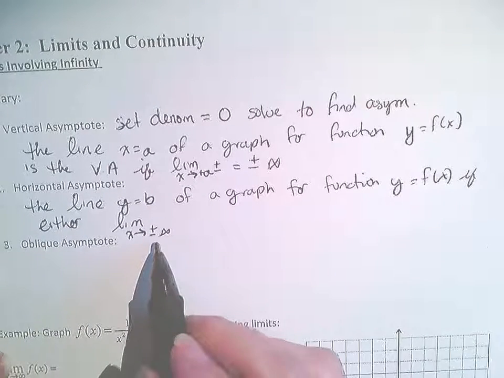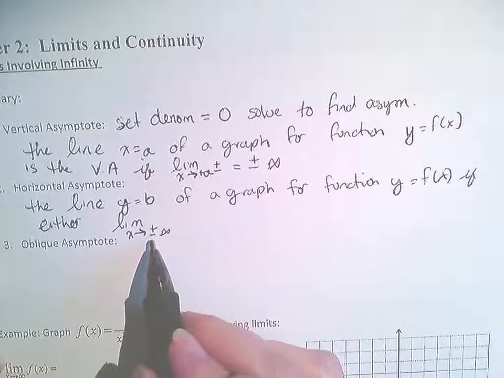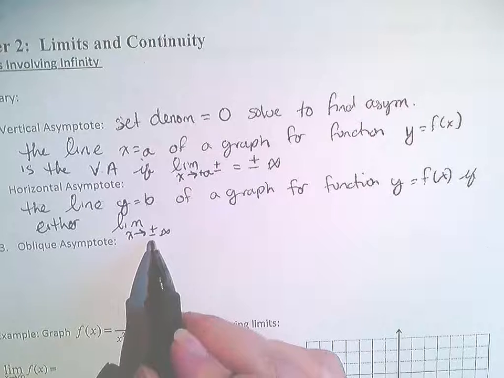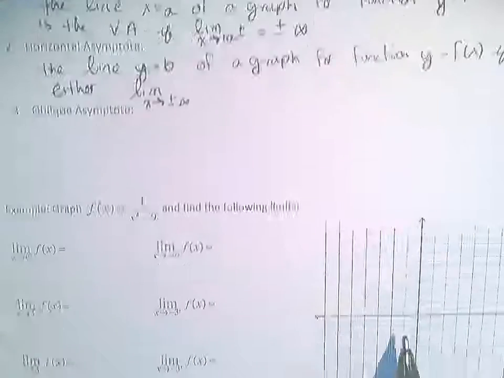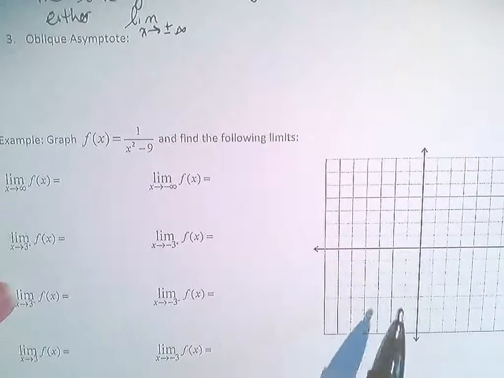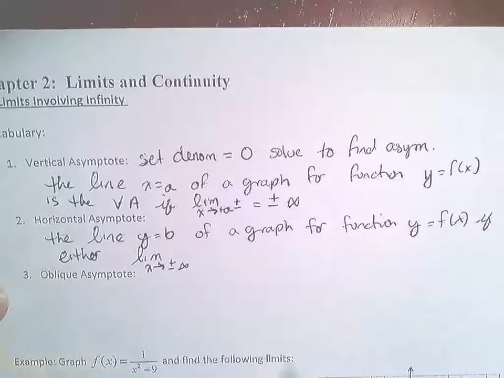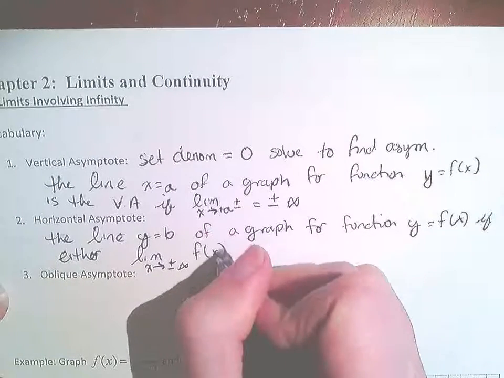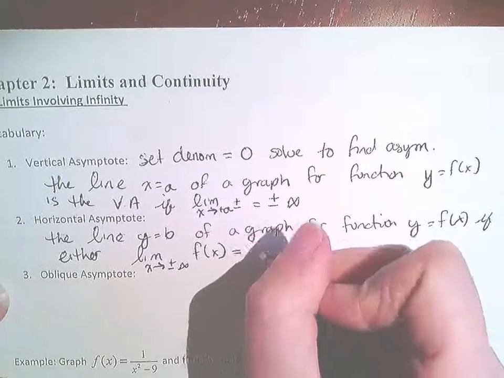So keep in mind, this is not left and right. It's going towards negative infinity, or going towards positive infinity, of the function is equal to b.